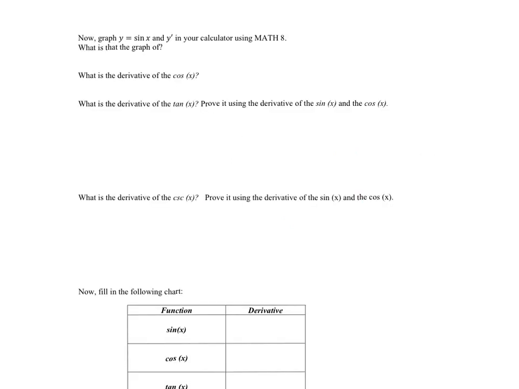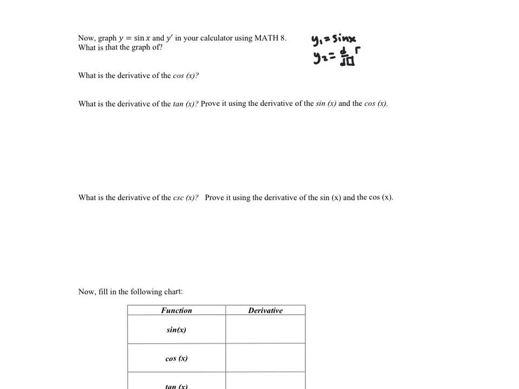Okay, as we mentioned on the last slide, we're not going to use our graphing calculator, but you could. So we could type into y1 sine x, and then type into y2. I want you to press math 8, and it will give you notation like this.